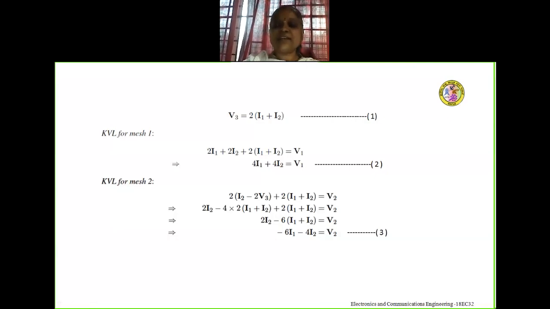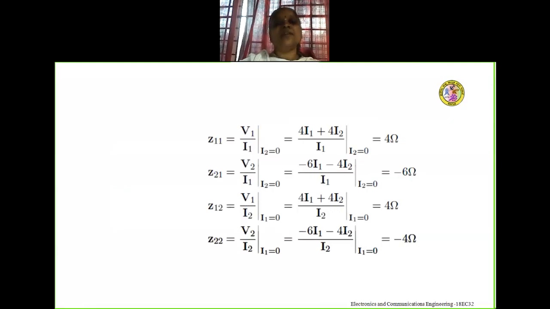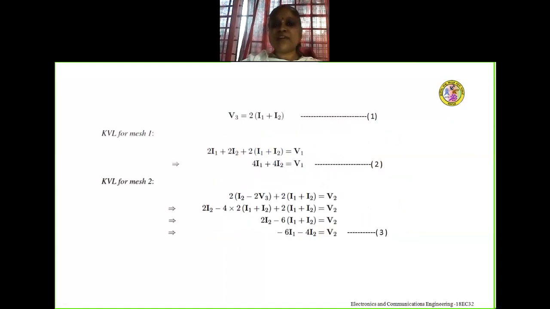Now let's find all the Z parameters one by one. Z11, according to the definition, is the ratio of V1 by I1 when I2 is equal to 0. The value of V1 is 4I1 plus 4I2, that is equation number 2.